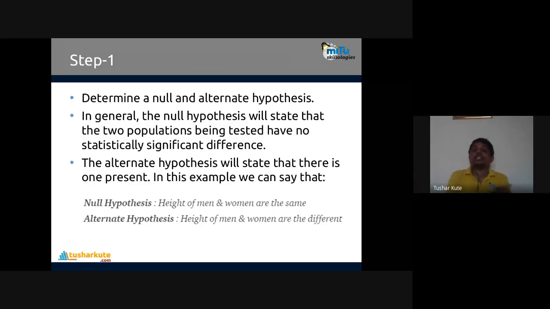In this example we can say that the null hypothesis is that the height of men and women are the same. And the alternate hypothesis that I want to prove is that the height of men and women are different. So first of all, we have to state the null hypothesis, and second the alternate hypothesis.